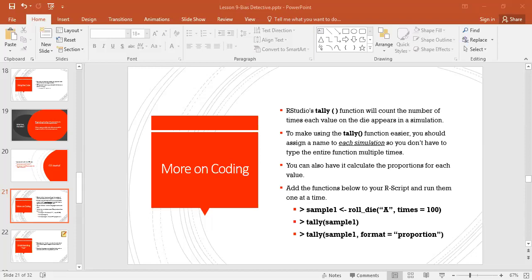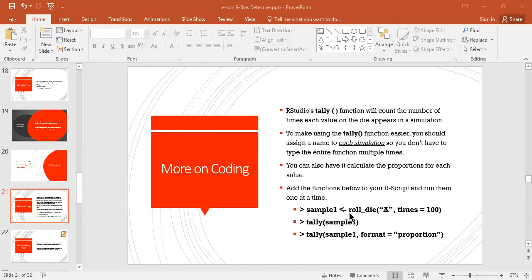So we have to assign a name to our simulation. And then we can do tally of that name, which is all those values. And then we can even ask for it to give us the proportion. So instead of giving us the count, it'll give us the proportion, the decimal of how much it appeared out of how many times we actually did the simulation.